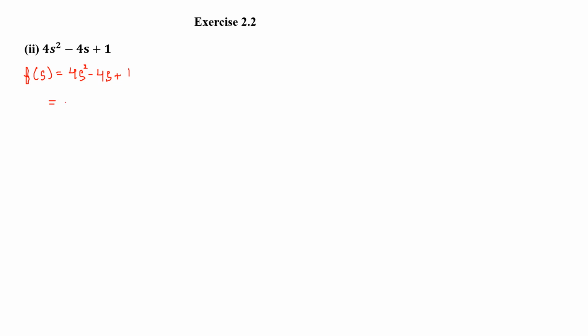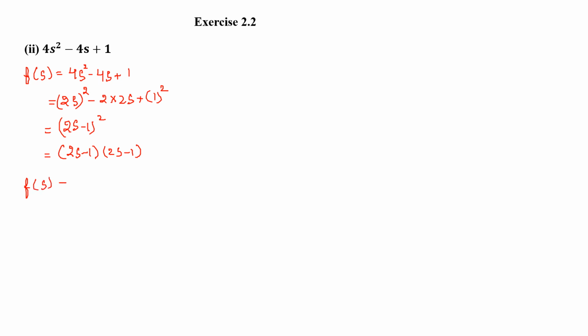I can see this is a standard identity, 2s whole square minus 2 into 2s plus 1 whole square. So this I can write as 2s minus 1 whole square, which can be further written as 2s minus 1 times 2s minus 1.